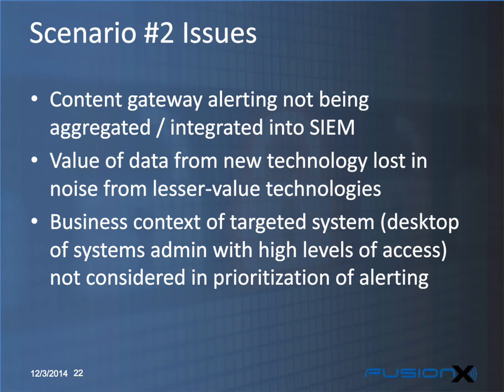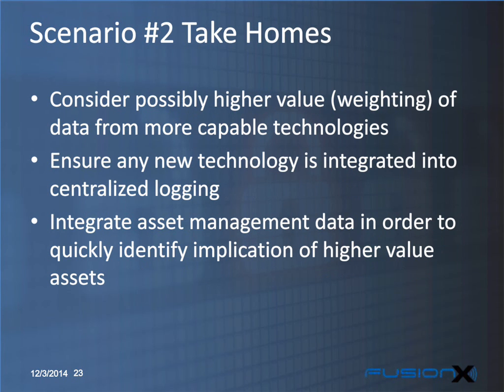So it's important that these technologies are correctly prioritized and integrated into SIM/SEM environments. That's the next point: the value of data from new technologies was lost in the noise, and the business context of the targeted system wasn't correctly understood either, which should have resulted in further prioritization by the SEM tool if risk information associated with asset management was also being integrated.